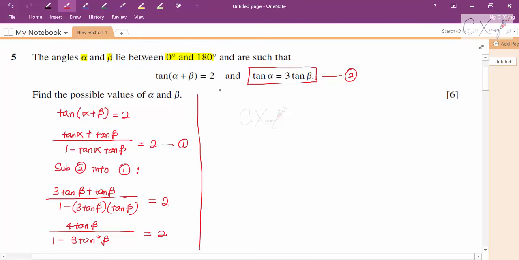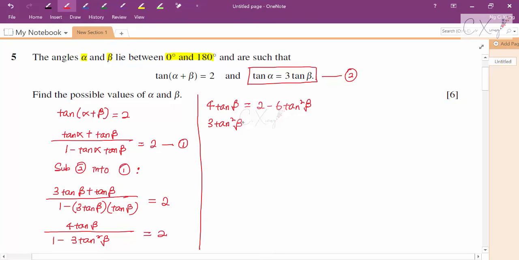Okay, so further simplify it. All right, and try to rephrase it again. Eventually, you should be able to get a quadratic equation in terms of tangent beta.